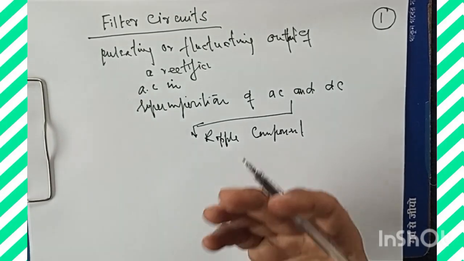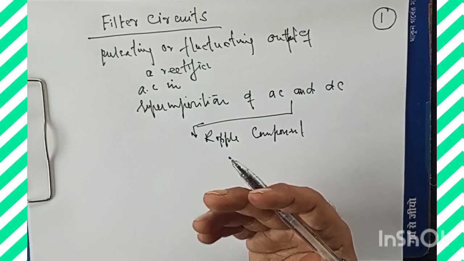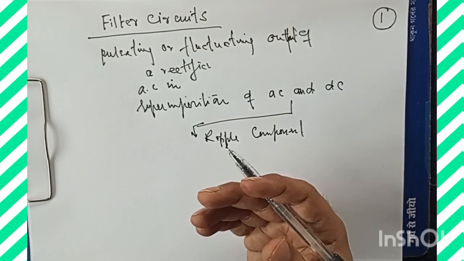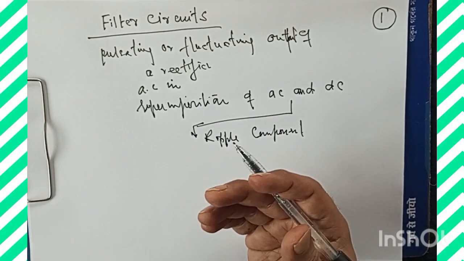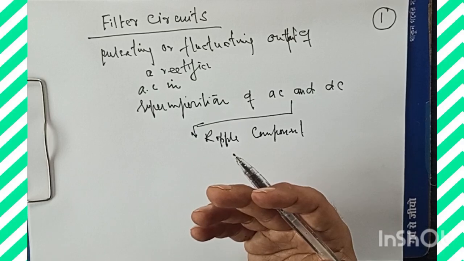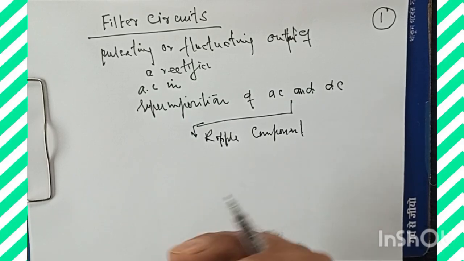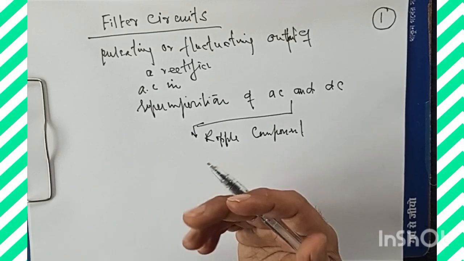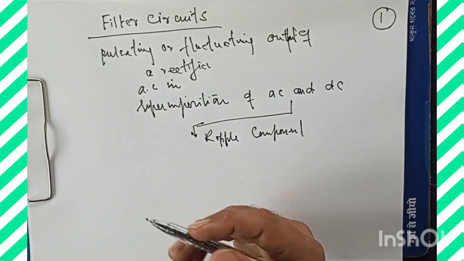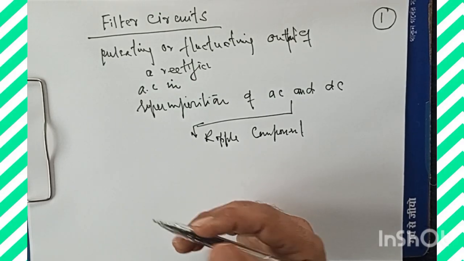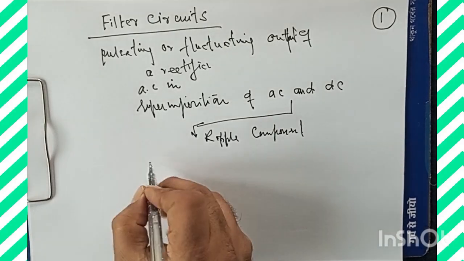Now, in order to have an output voltage of steady value, the AC component certainly has to be filtered out. A component or a device used to filter this AC component from the output of the rectifier is called a filter circuit.